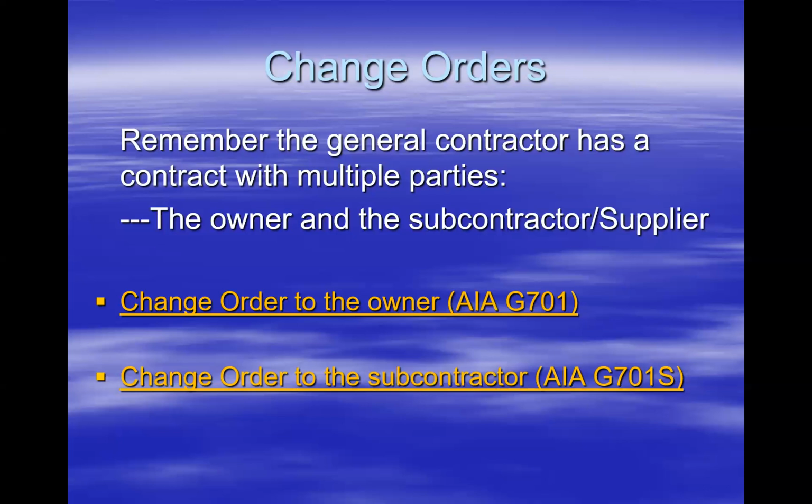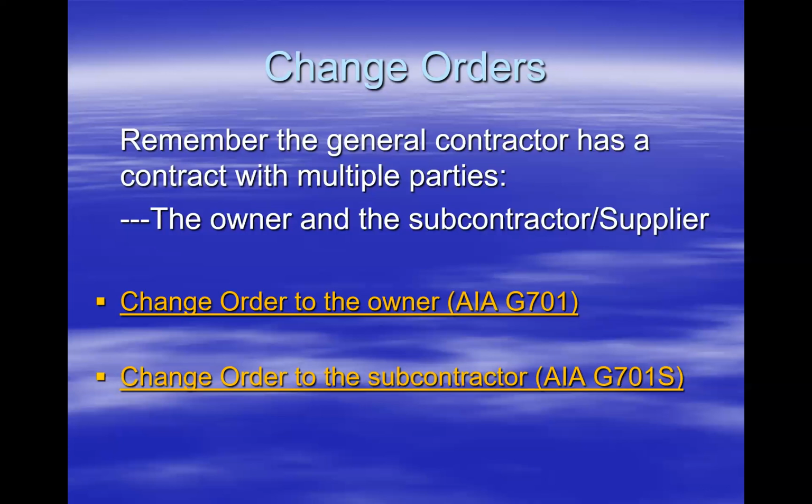In the AIA series of documents that we've talked about, under the G series, they have the G701. That is the change order form. It used to be that you could check a box in their electronic software and it would become a subcontractor change order.